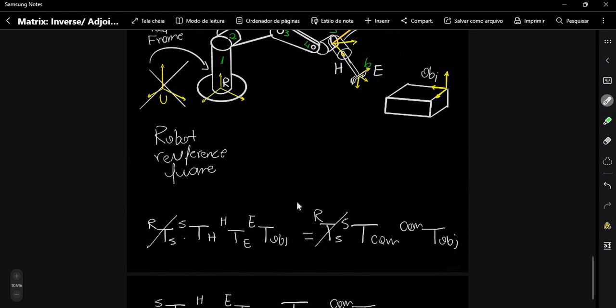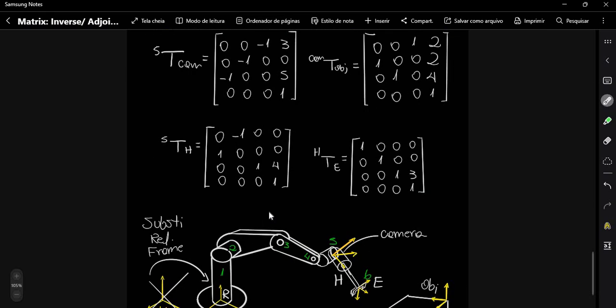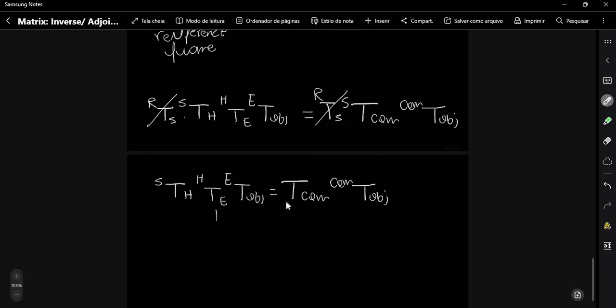And the other known transformation is the transformation of the frame H in relation to the fifth link. So we can apply inverse transformations for these transformations. So let's do this.